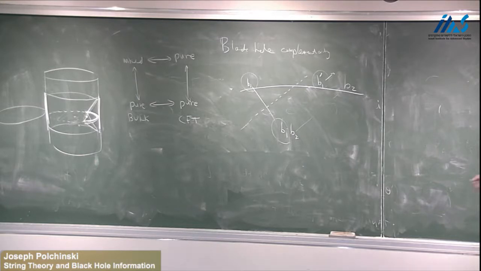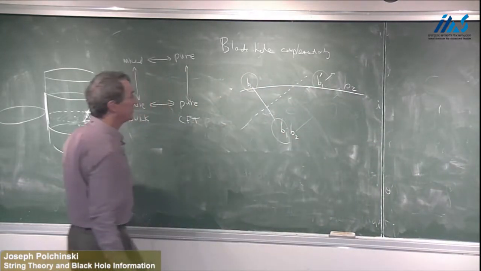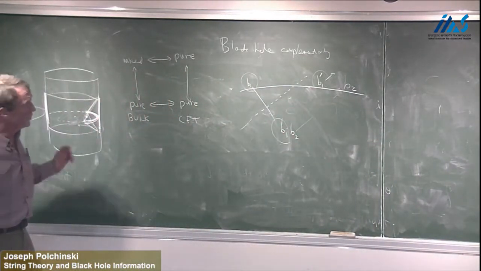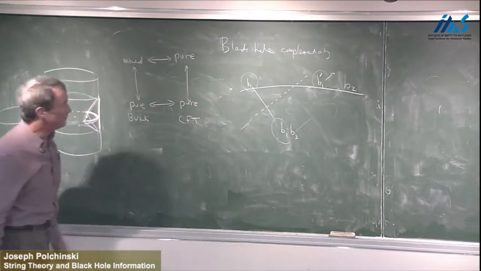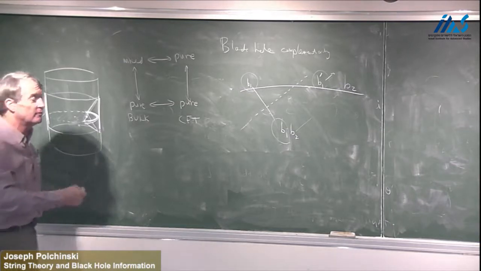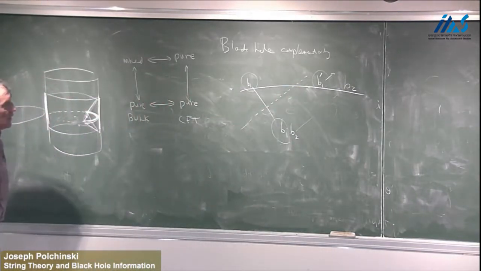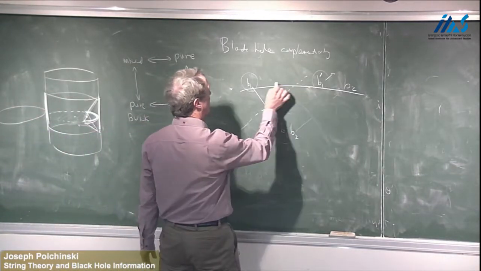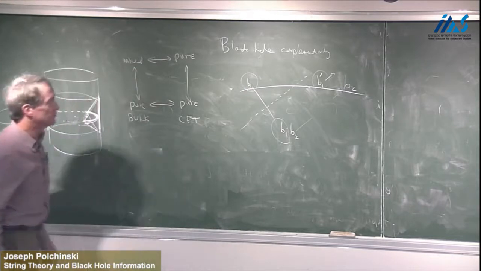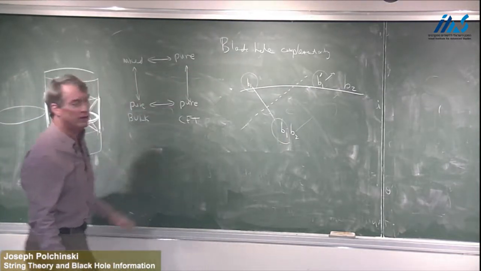Clearly an observer can't see B1 first and then B1 prime, because once they see B1, they're behind the horizon. But also, provided that the information comes out late enough, there's no way an observer could see B1 prime and then see B1, because by the time they see B1 prime and jump in, B1 has already hit the singularity.